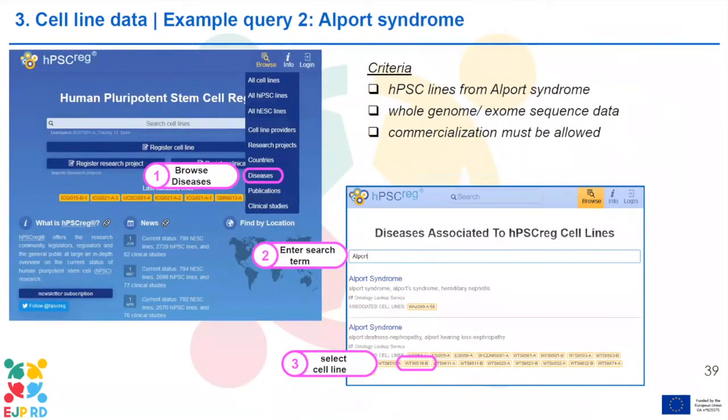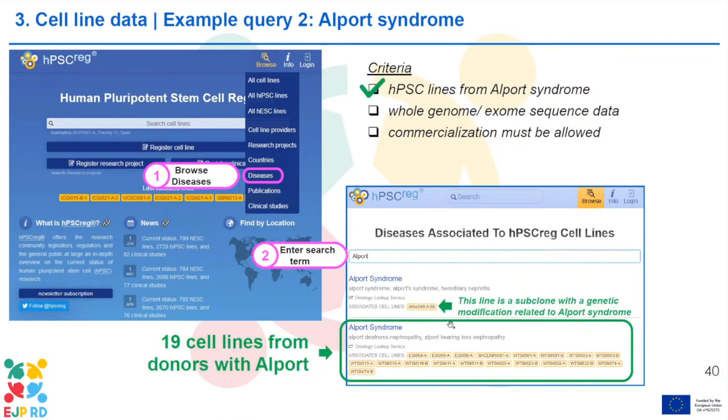So how do we go about finding lines for Alport syndrome? First of all, we can go to the website and select diseases under the browse menu, then enter the term Alport. And this will list all the cell lines that are associated with Alport syndrome. In particular, we have 2 Alport syndrome entries.